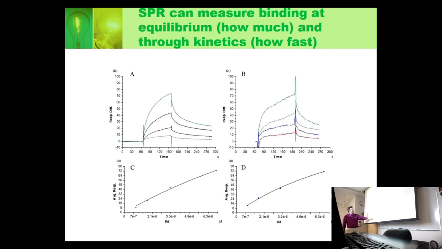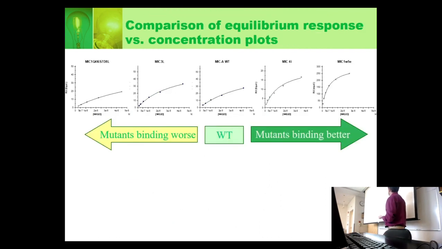When you fit this curve, it will give you the KD, the equilibrium constant. Again, this is a chapter 4 thing, but you can measure how much is binding at the point right before it drops off. That is an equilibrium measurement of binding.